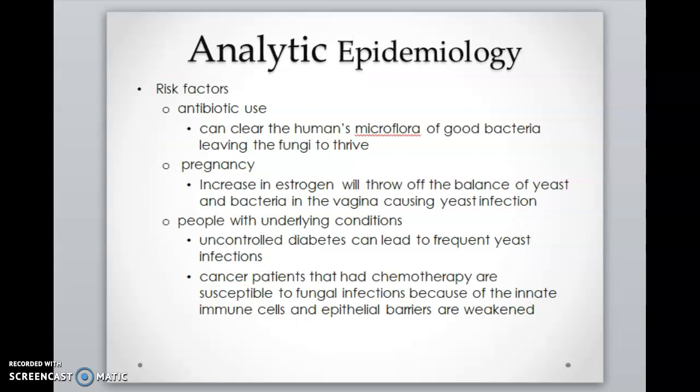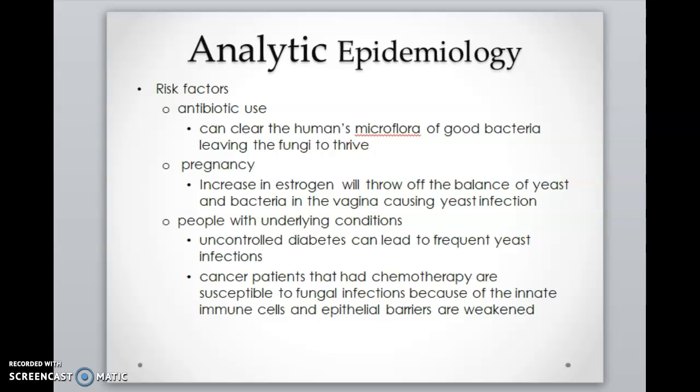Analytic epidemiology. Risk factors for Candida albicans infections are recent antibiotic use that can clear the human's microflora of good bacteria, leaving the fungi to thrive. Pregnancy increases estrogen, which will throw off the balance of yeast and bacteria in the vagina, causing yeast infection.